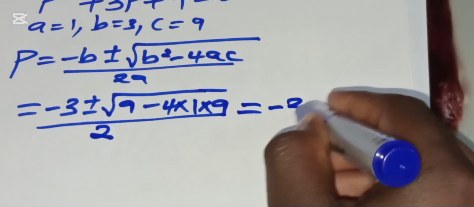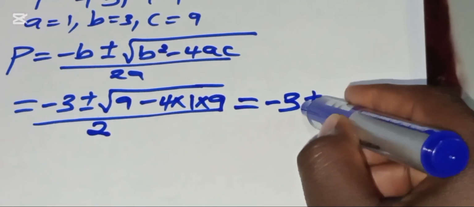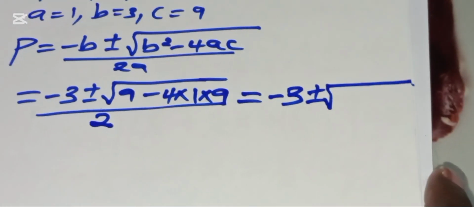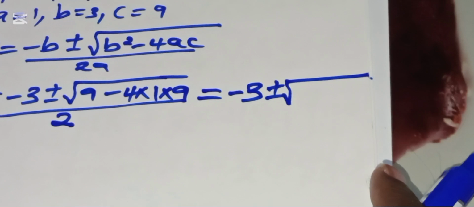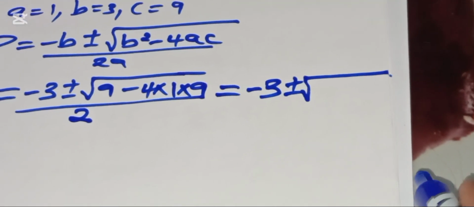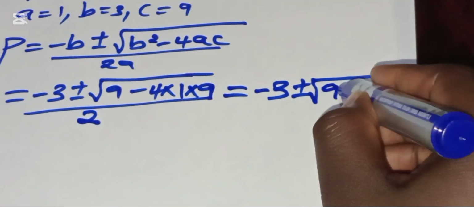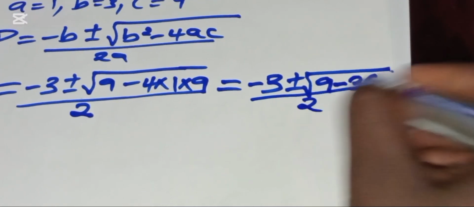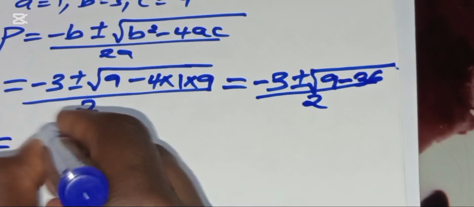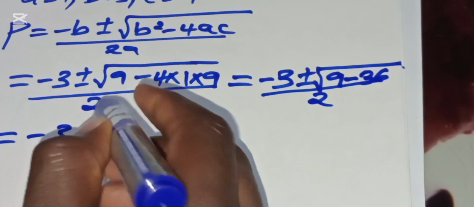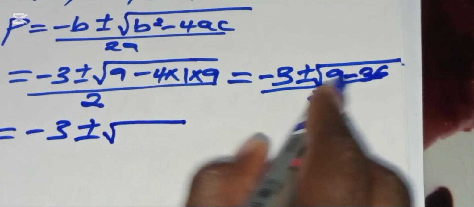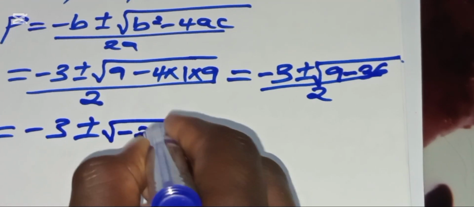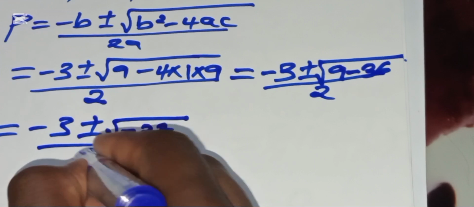This is negative 3 plus or minus the square root of 9 subtract 36, divided by 2, so you're going to have negative 3 plus or minus the square root of negative 27, divided by 2.